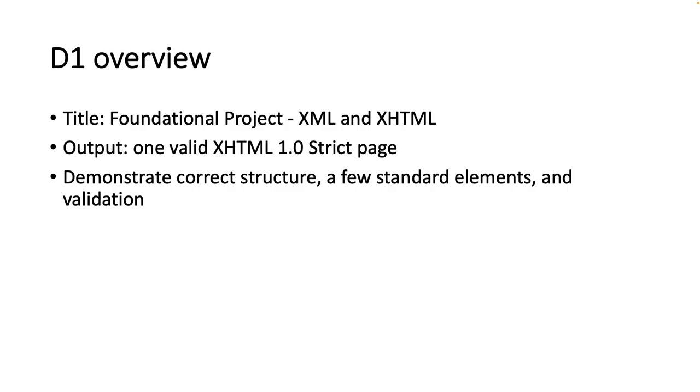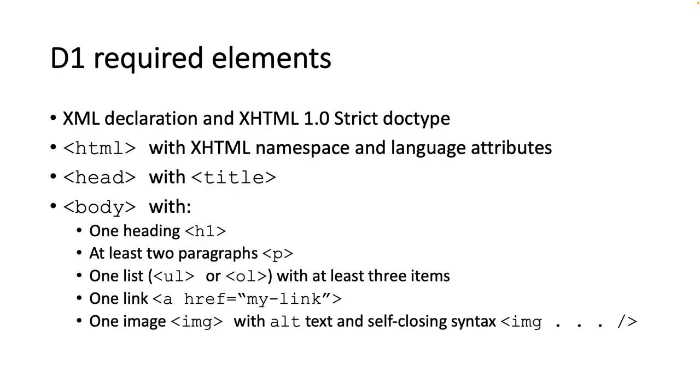The output will be one valid XHTML 1.0 strict page that demonstrates correct structure, has a few elements, and is valid. So the required elements are, of course, you start off with your XML declaration and your XHTML strict doctype, and I'll demonstrate that in a moment here.